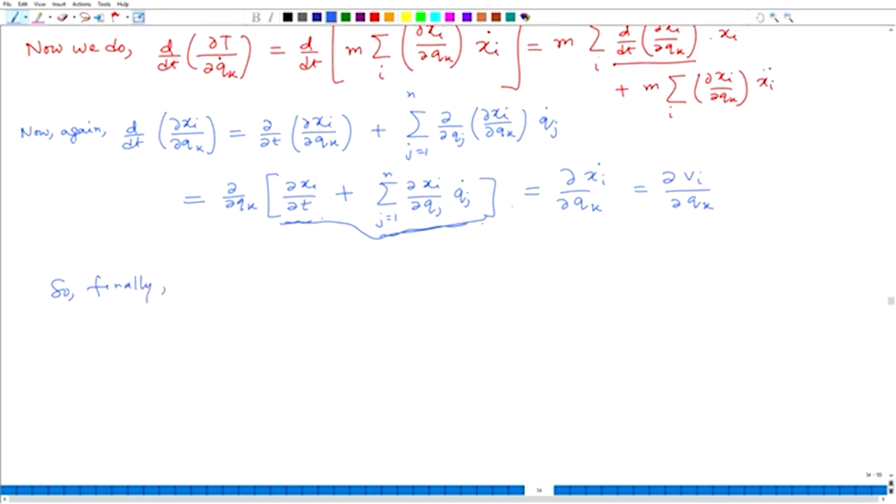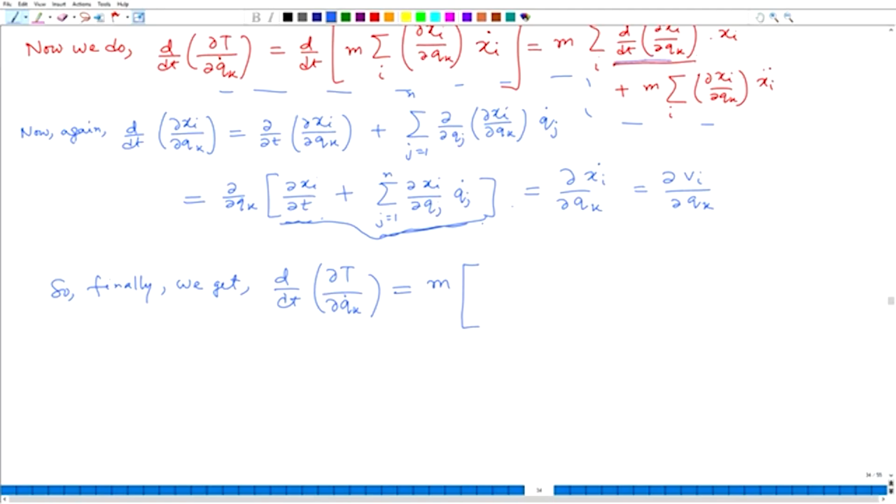So, finally, what do we get? We get d/dt of ∂T/∂q_k dot is actually equal to two terms. I have calculated these underlined parts.